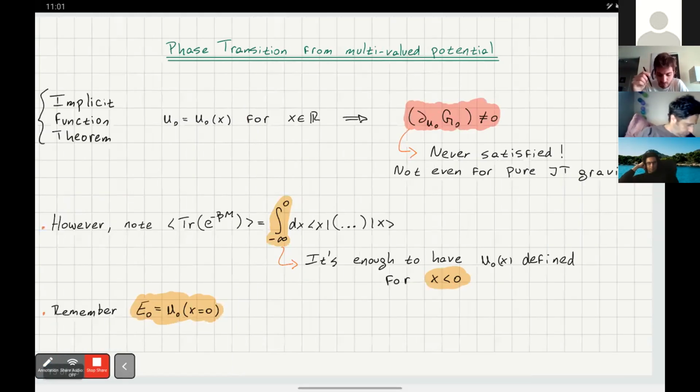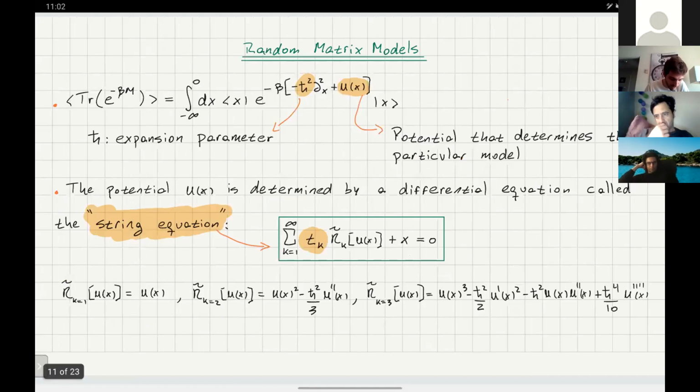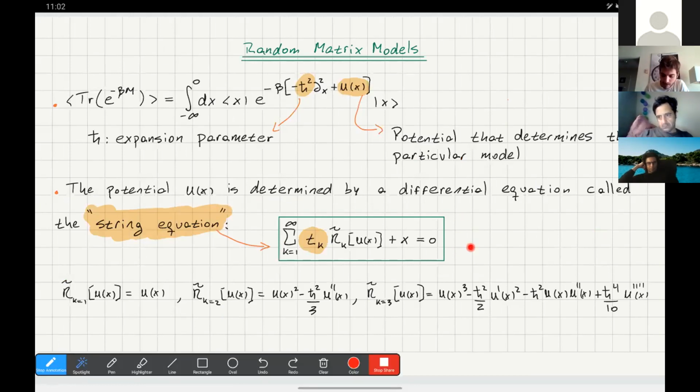All I'm saying when I'm talking about non-perturbative corrections is taking the string equation. Notice that I'm considering these polynomials that appear over here, which are a complicated function of u. We have u over here, but then we have contributions from derivatives and so on. Non-perturbative corrections means solving this differential equation, not by writing a perturbative series for u of x, but directly solving it. And you can do this numerically.